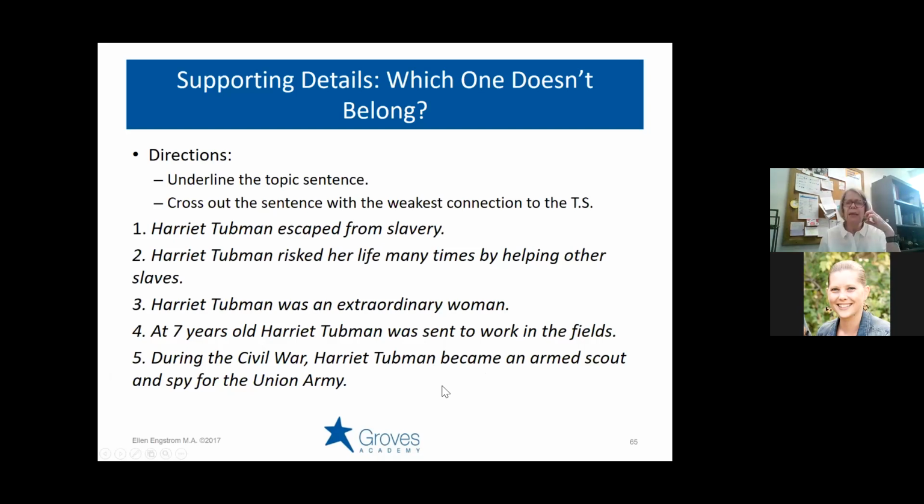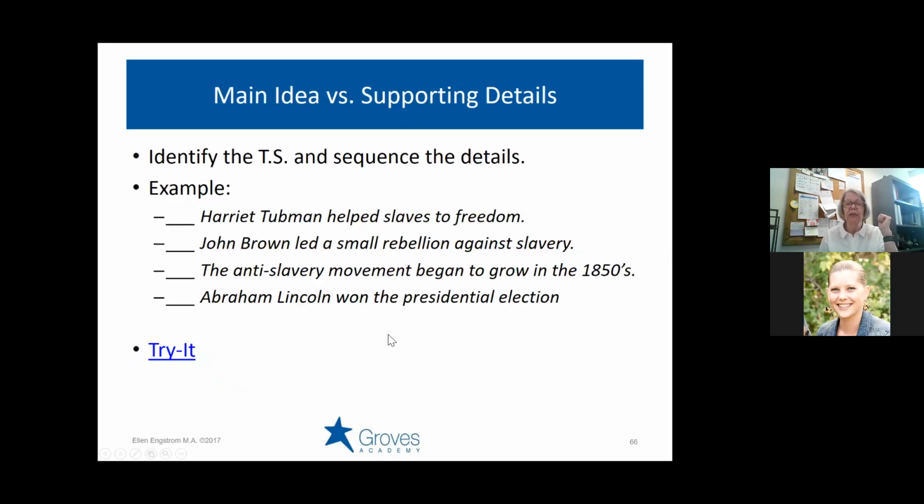Well, what does that have to do with working in the fields? So eventually we come to this general sentence that she was an extraordinary woman. And then we list the supporting details. These kinds of exercises that really break down paragraph structure like this are really important, really good work to do.